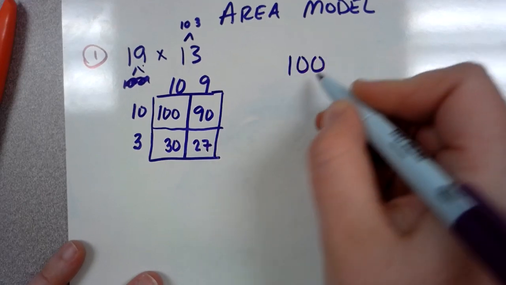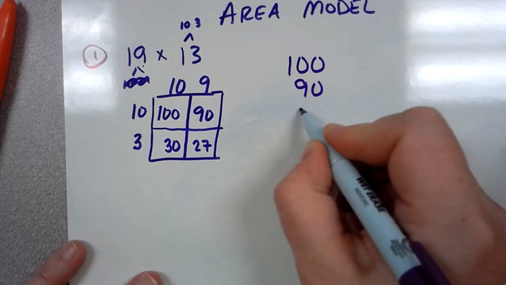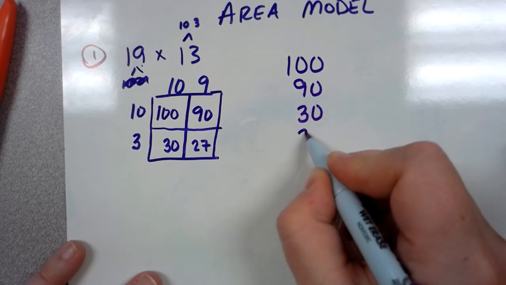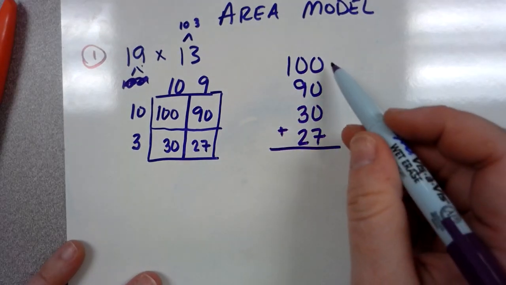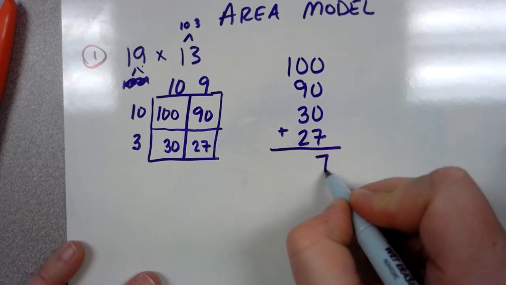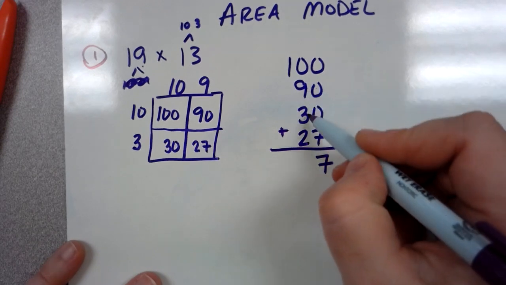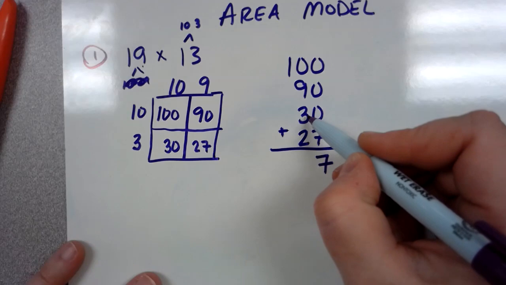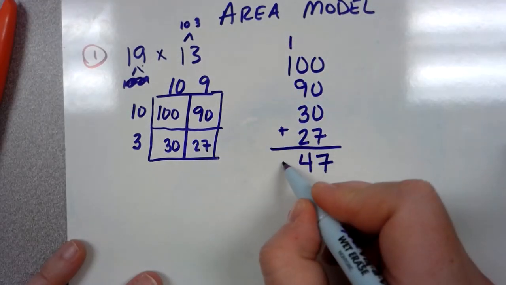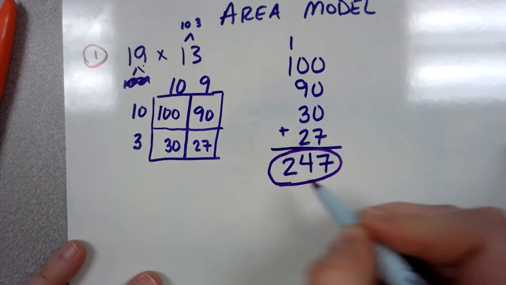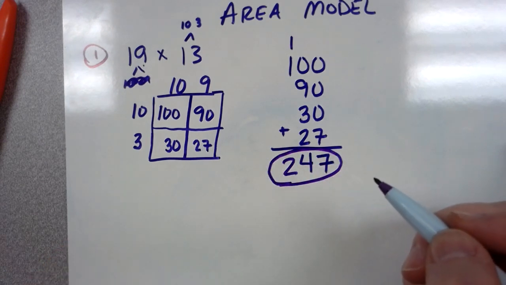So I have 100, 90, 30, 27. 0, 0, 0, 7. 9 and 3, that's 12, plus 2 is 14. 1 plus 1 is 2. So the answer is 247.